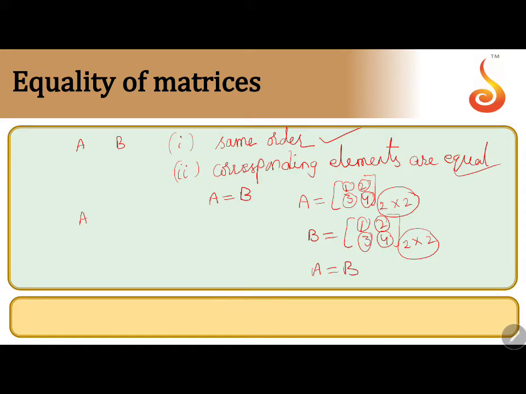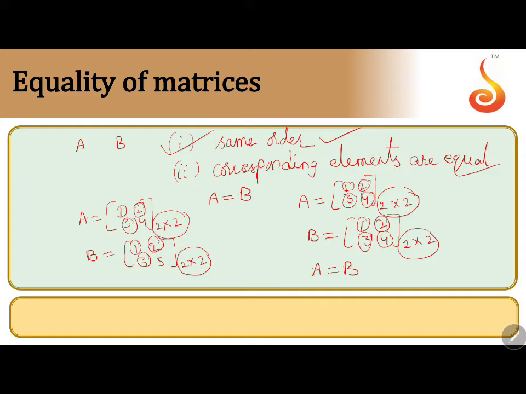One more example. A is equal to [1, 2; 3, 4], 2 by 2. B is equal to [1, 2; 3, 5], 2 by 2. Both have the same orders, so the first condition is satisfied. Corresponding elements 1, 1, 2, 2, 3, 3.